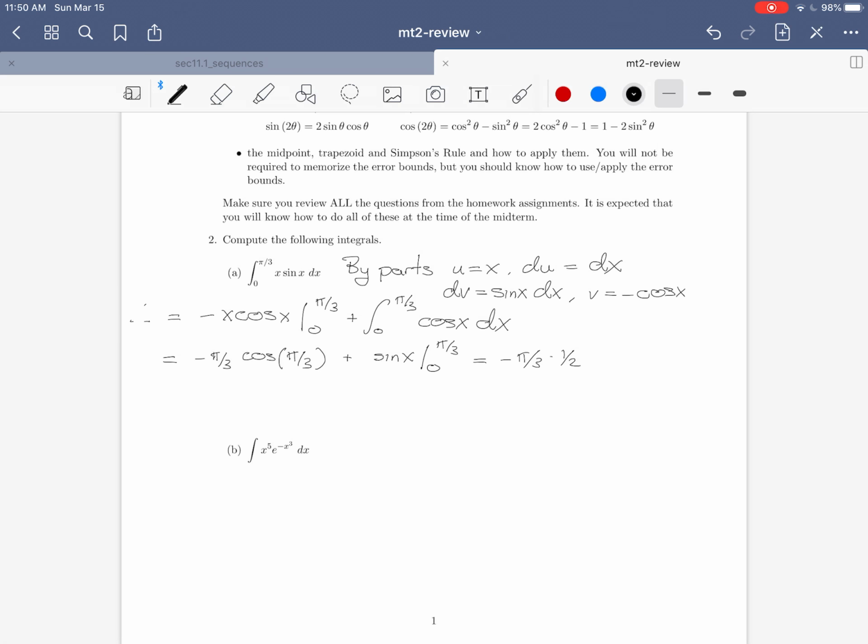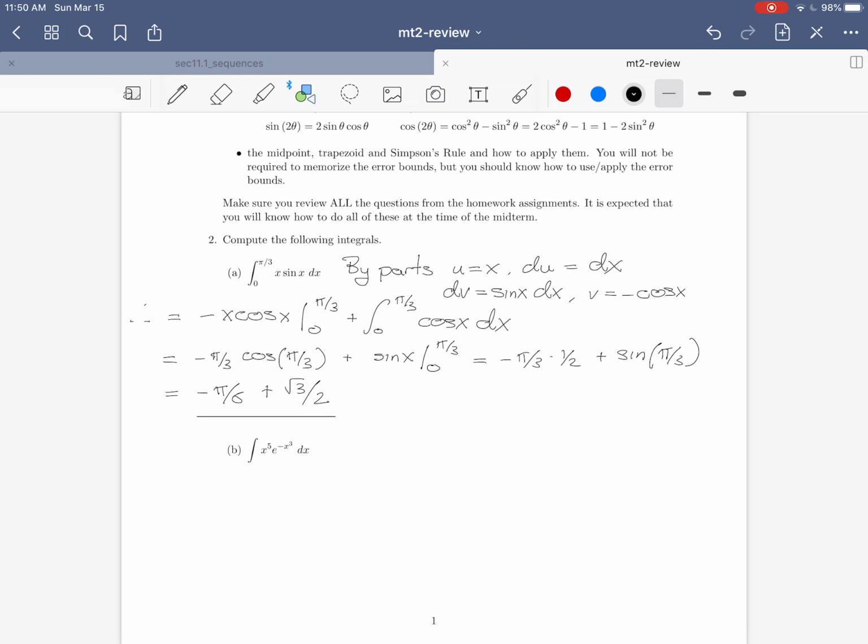So cosine pi by 3 is a half. And then we have sine of pi by 3 as well, and we're evaluating the second term, and again at the lower limit we get 0. So this gives us negative pi by 6 plus sine of pi by 3, and sine of pi by 3 is root 3 divided by 2.